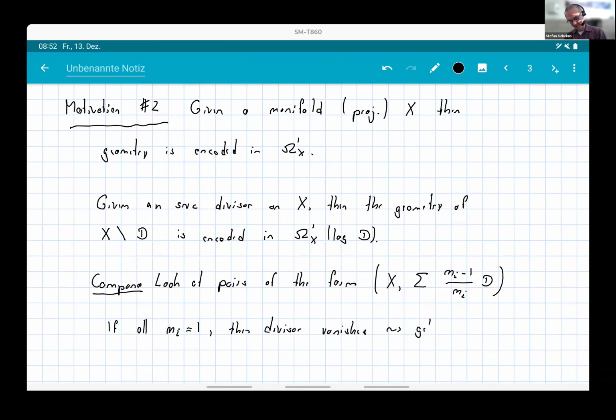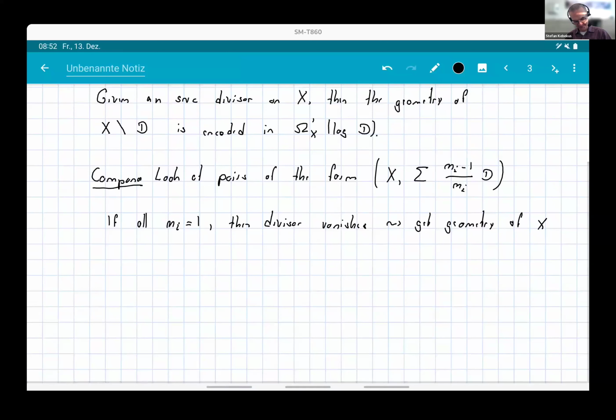If all m_i equal infinity, then infinity minus 1 over infinity by definition is 1. Then the divisor is reduced.